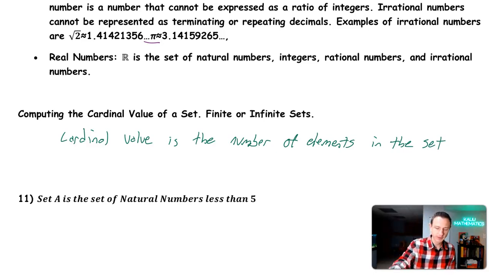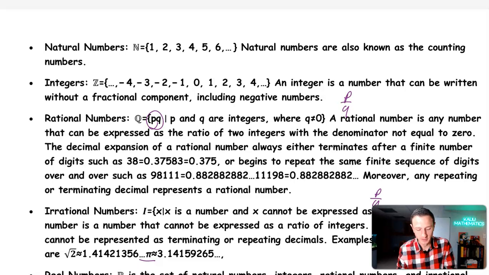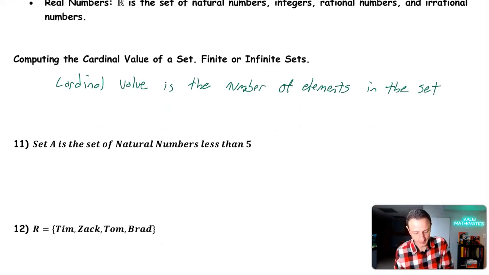So the cardinal value tells you the number of elements in that set. Set A is the set of natural numbers less than 5. Let's look at what set A actually is, and then we can determine its cardinal number. Natural numbers start at 1 and go through infinity, but we want natural numbers less than 5, so let's use the roster method and list them out: 1, 2, 3, 4.